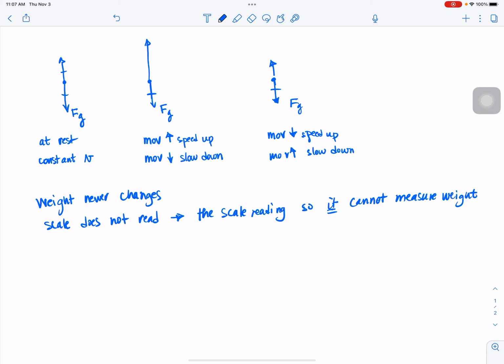Hopefully you know that. So what does the scale measure? Well, I've got 2 forces. If I were just to do a free body diagram, I know that weight is the downward force, so the upward force is the normal force, Fn, or the scale reading.